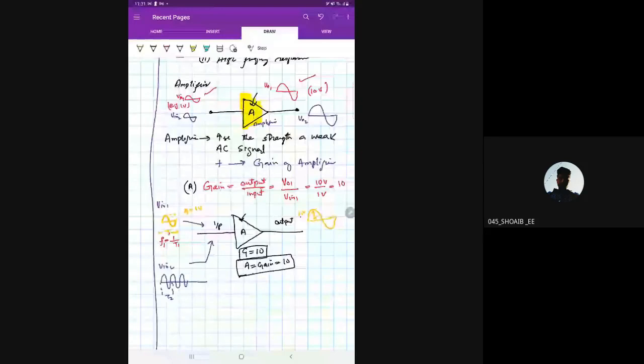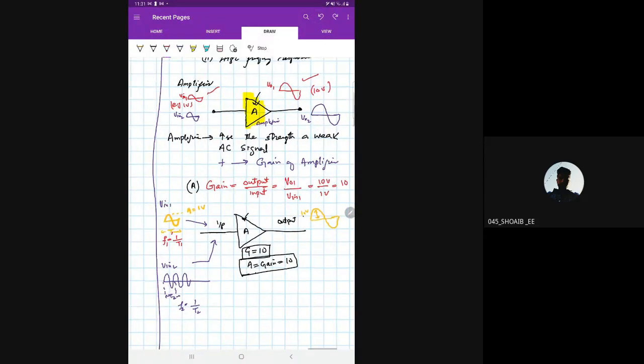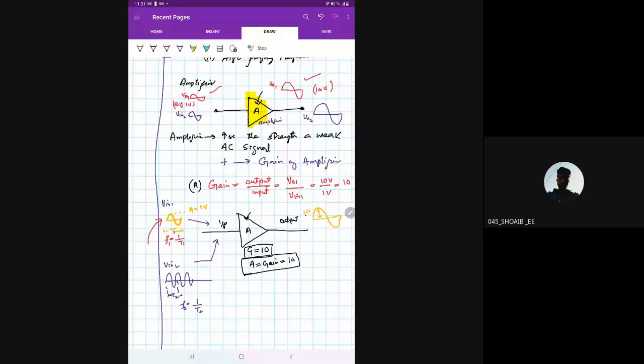Its frequency will be equal to F2 equal to 1 by T2. Now see, as compared to the signal V1, V2 has higher frequency. Okay, it has higher frequency. Why? Because the duration of the cycle is small.